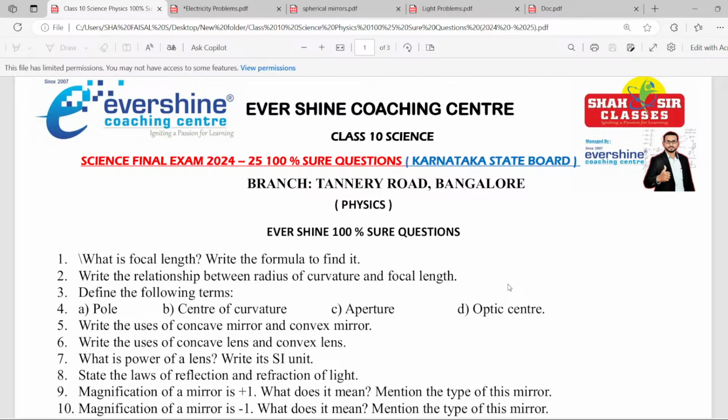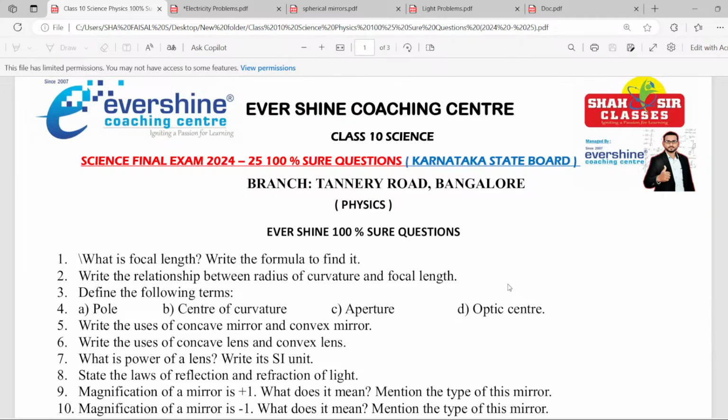Most of the students are joining the session. And this year, definitely the paper of science will be very, very easy. Nothing to worry much about the paper of science.